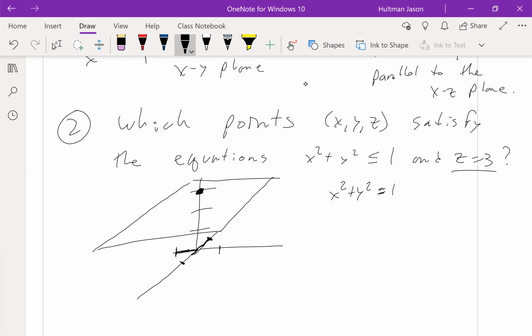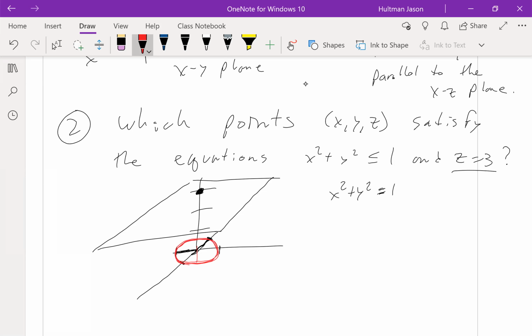It is a circle of radius what? 1. Yes, a circle of radius 1. It's at the origin, and this would be on the xy plane, right? So let's draw that circle. There's that circle on the xy plane.